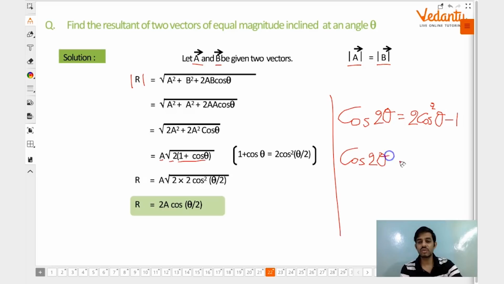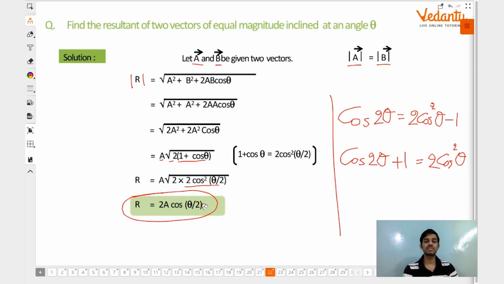So cos 2 theta plus 1 will be equal to 2 cos square theta. Okay, but यहाँ पर let us assume theta as a double angle, तो उसका half angle will be theta by 2. So cos theta plus 1 will be 2 cos square theta by 2. So the final answer that we are getting is R equals to 2a cos of theta by 2.